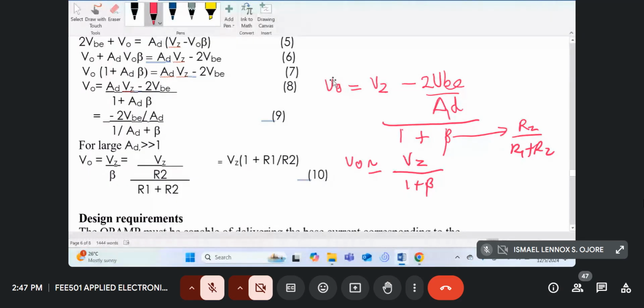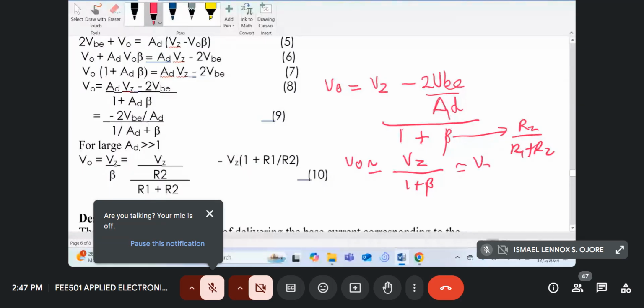So if beta is greater than 1, you can also say it's approximately Vz over beta.